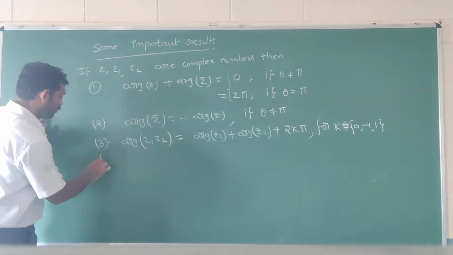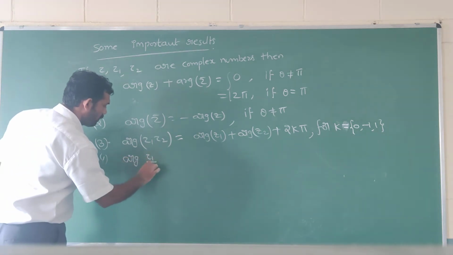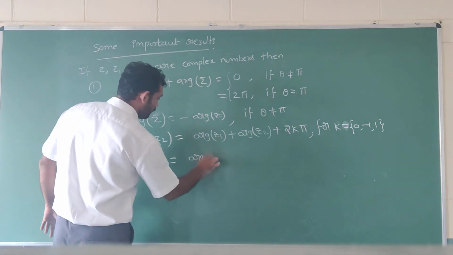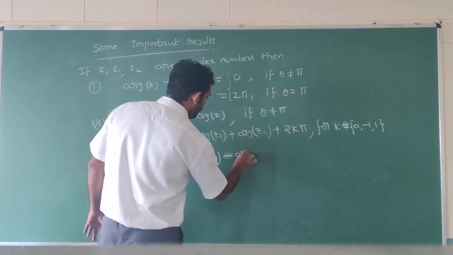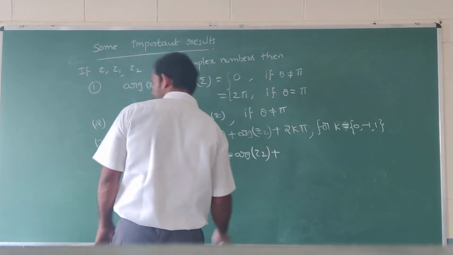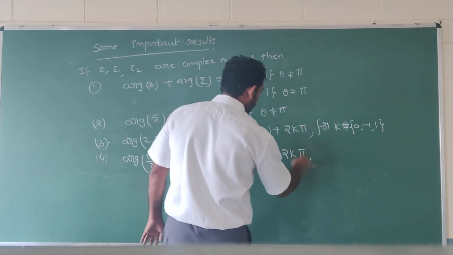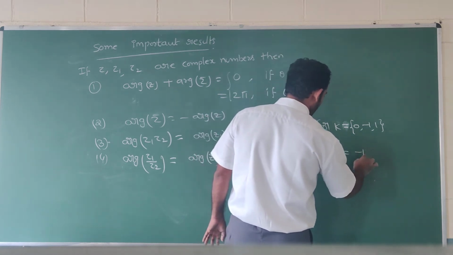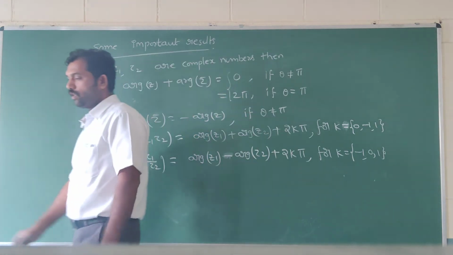Next, division, the fourth one: argument of z1 by z2 is equal to argument of z1 minus argument of z2 plus 2k pi, for k equal to minus 1, 0, 1.